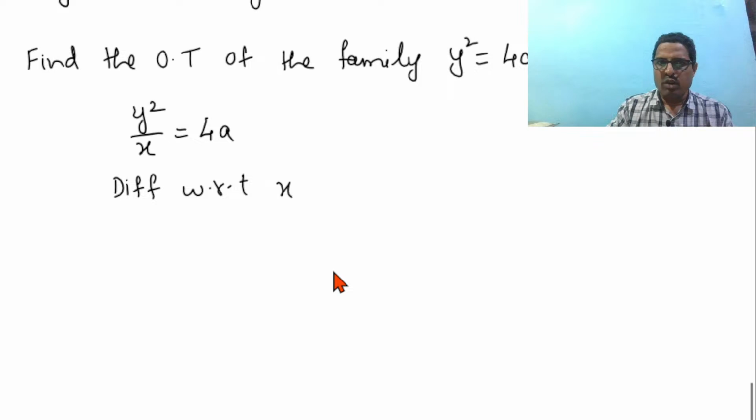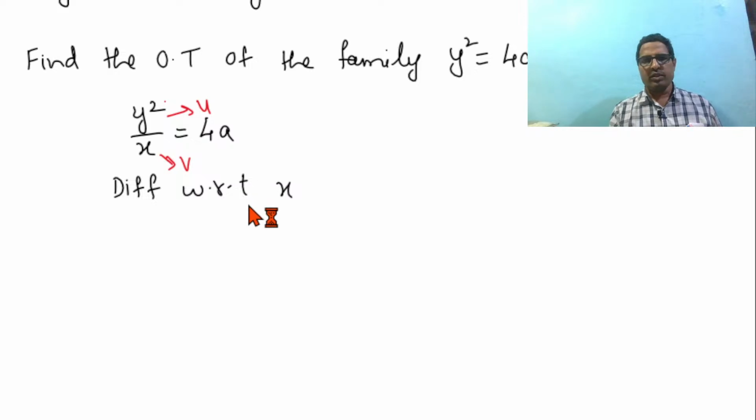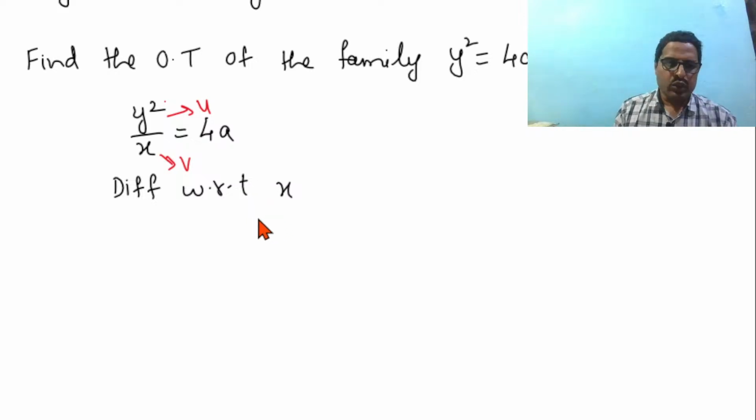This is in the form of u by v, so let us use the quotient rule. The numerator is your u value and the denominator is your v value. So you get v, which is x, into u dash.